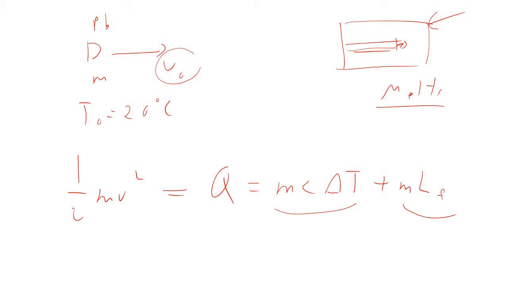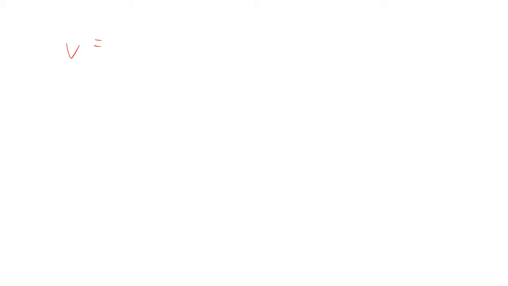Okay, and so that's what we have here. So 1/2 mv squared equals mc delta T plus mL_F. The m's cancel, so we do a little bit of algebra. And so v is going to be the square root of 2 times (c delta T plus latent heat of fusion).